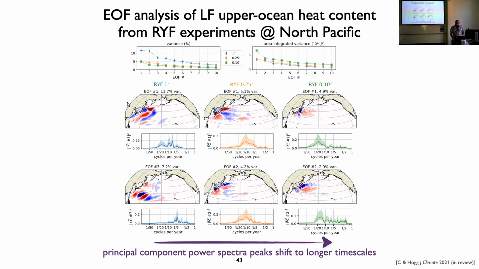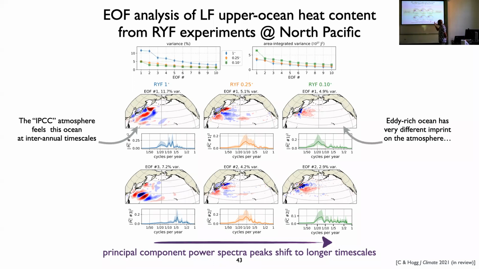You see that the model with 1 degree resolution, that model that was almost a joke, but this is what IPCC reports usually use, shows that this is the pattern that will make the atmosphere feel patterns like that, while the model with very high resolution has a completely different pattern. Not only are the patterns different, but the time scales are much longer. You see that this pattern has a peak around 5 to 7 years, where this pattern has a peak around 20 years.